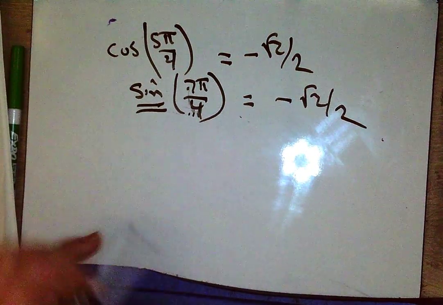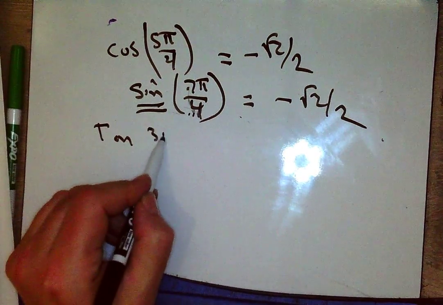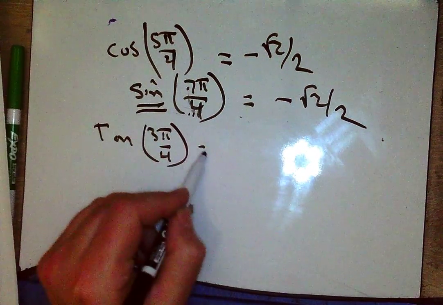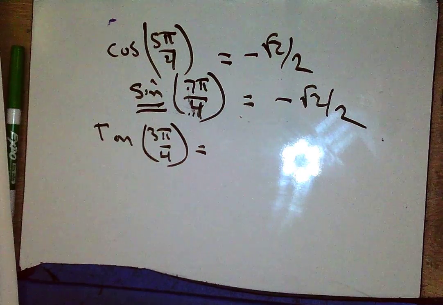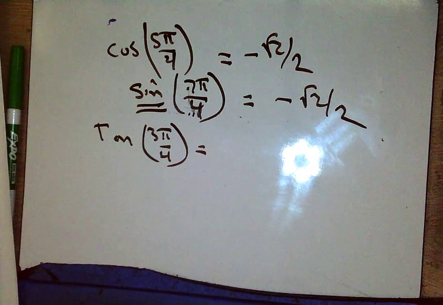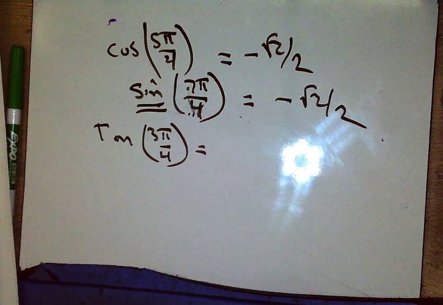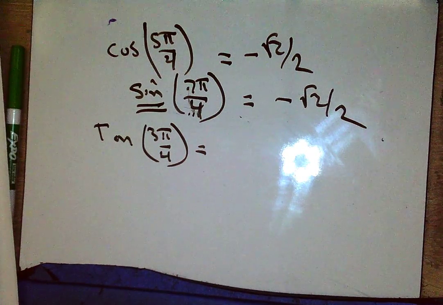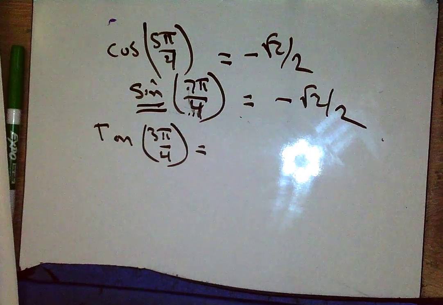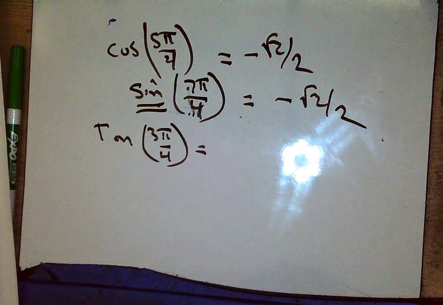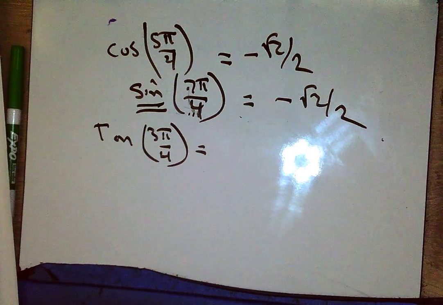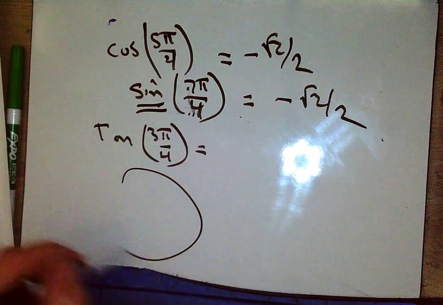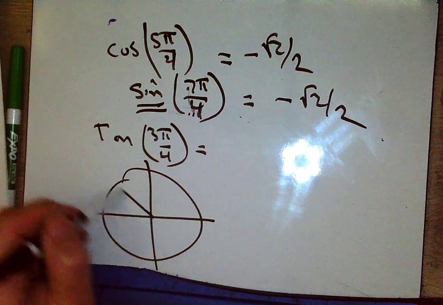How about the tangent of 3 pi over 4? 5, 4, 3, 2, 1. Okay, so I'm thinking about 3 pi over 4. That's this one here.